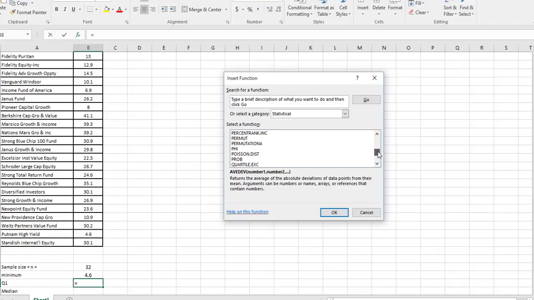Some of these you may know what they are, and some maybe not yet. Okay, here we have quartile. Actually, there's two different versions in this version of Excel. I'm not sure which one is going to give us which, so let me do a little bit of research here real fast.